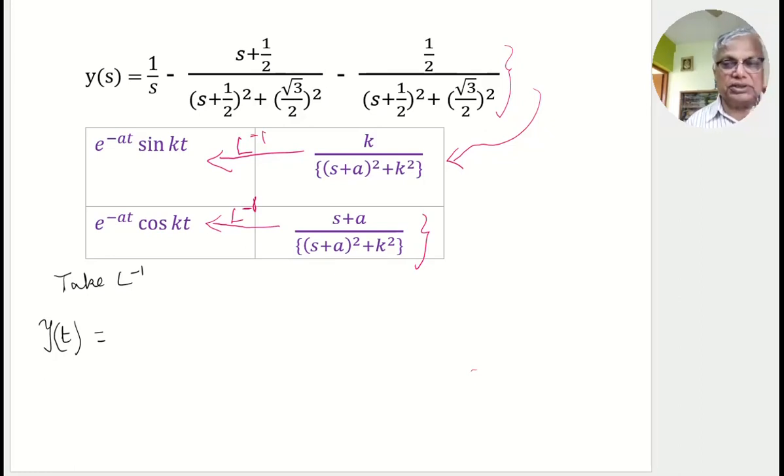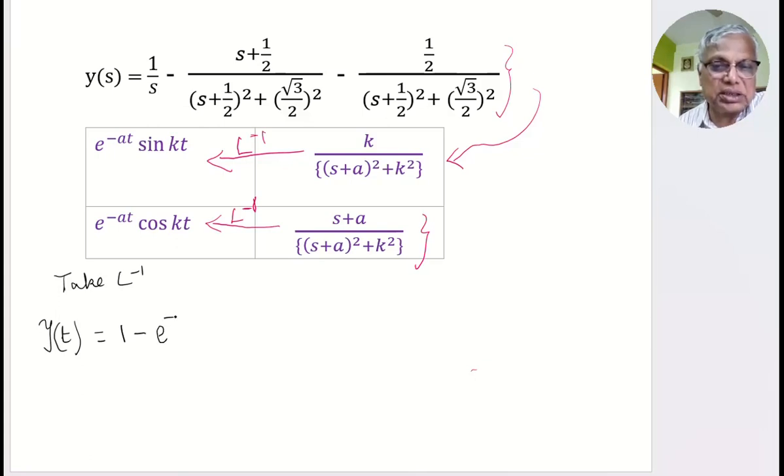So if you take inverse, first term is 1 by S. So 1 by S inverse is 1. Second term is S plus a, similar to this. A is half and k is root 3 by 2. So it is going to be e power minus at.